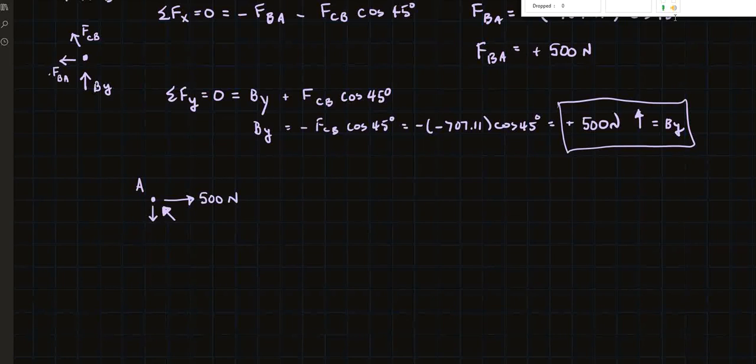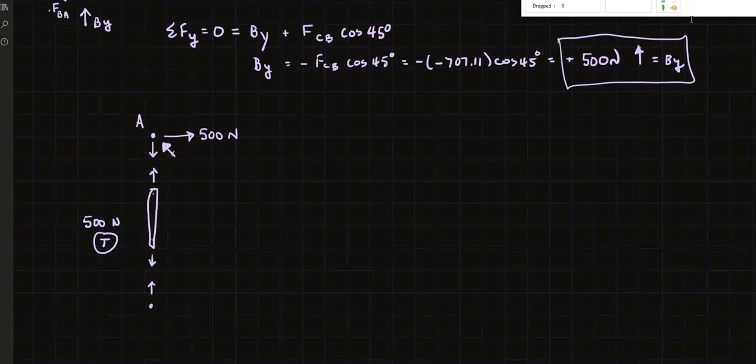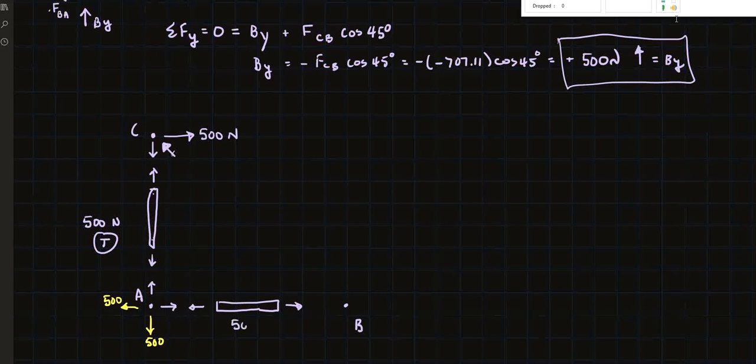So at pin A, I have this vertical force pointing down, indicating tension in the member. Here's my load, 500, and this force points up, meaning I'm going to end up with compression in my member. So member AB has a tension of 500 newtons. The arrow's drawn right. Force AB also has a force of 500 newtons in tension.